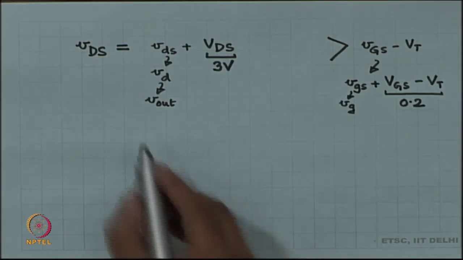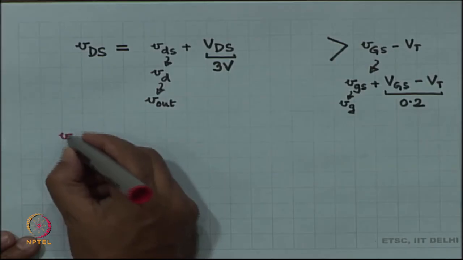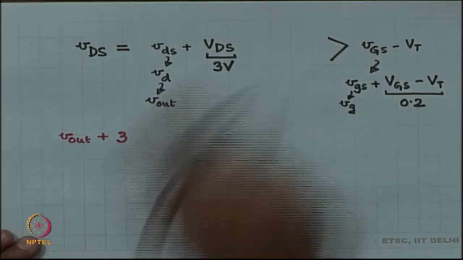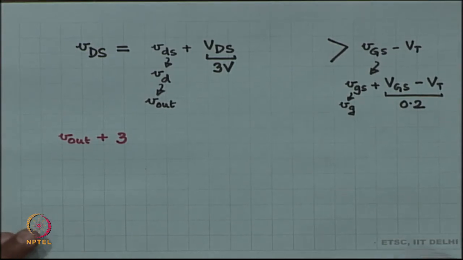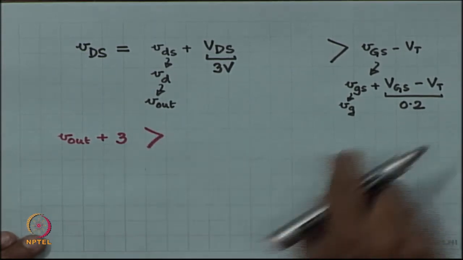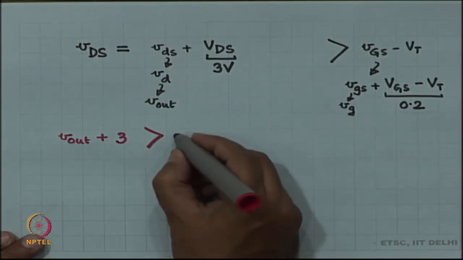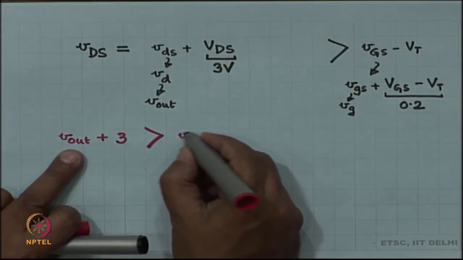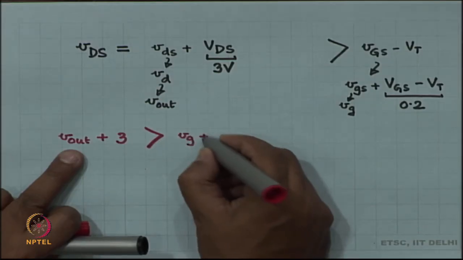Okay. So, what do I have? I have the following: V out plus 3 volts, that is my small VDS, has to be greater than small Vg plus 0.2.